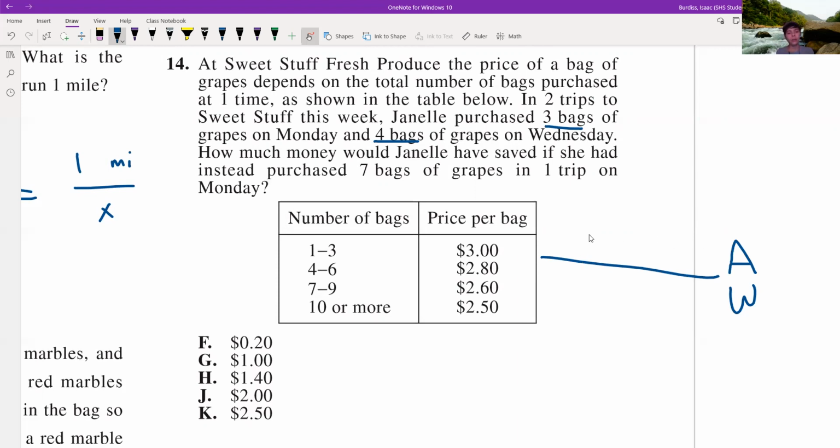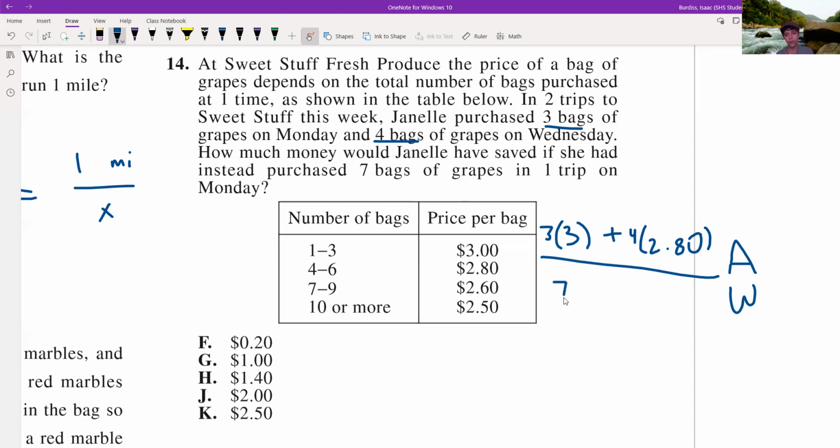So actually, what did she have to pay? Well, she had 3 bags on Monday, and the price for that would be $3 as shown in the table. Then on Wednesday, 4 bags, and that is $2.80. I don't have my calculator handy, but we know what that would be.